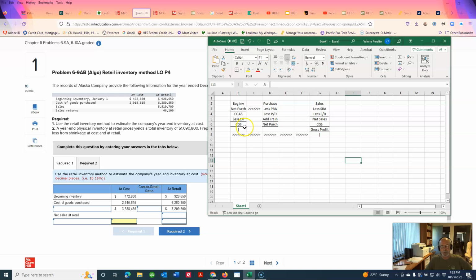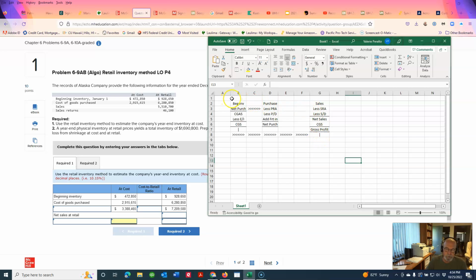And then we insert cost of goods sold into the equation with sales. Sales, less sales returns and allowances and sales discounts, gives us net sales. And if we subtract cost of goods sold from net sales, the difference is our gross profit.